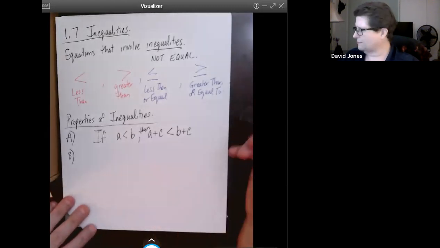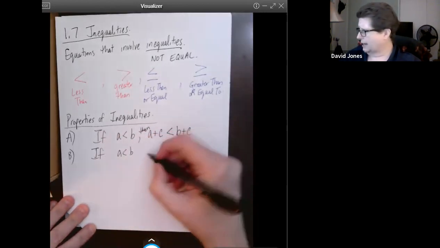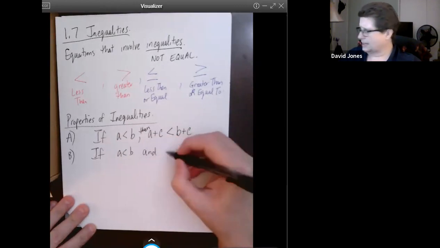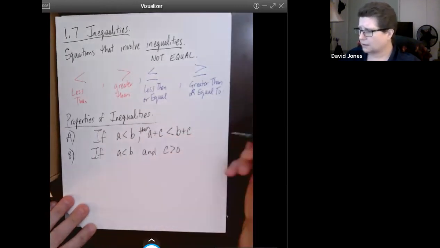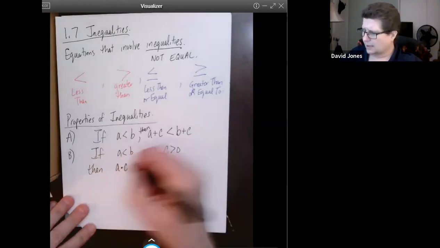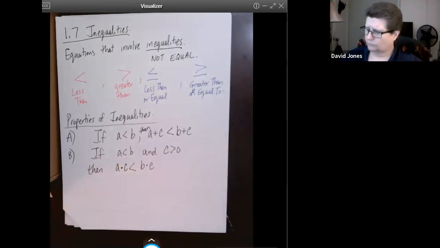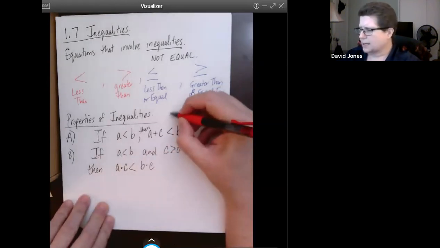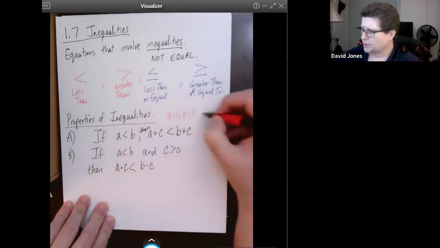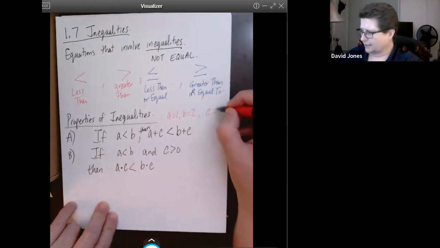Let's look at our multiplication ones. If A is less than B and C is greater than 0, then A times C is less than B times C. And for each of these, let's start off with A equals 1, B equals 2, and here I'm going to say C equals plus or minus 3.